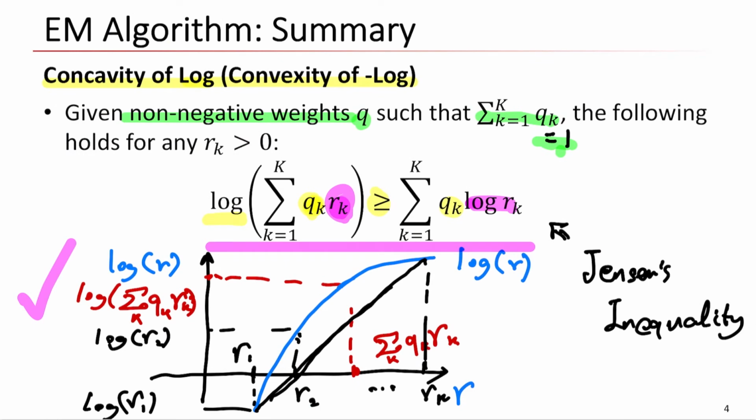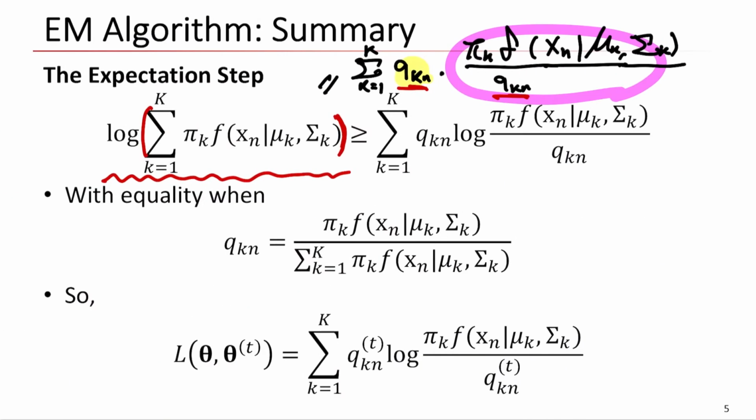Then from this inequality, we will find a new term, something like the summation of QKN log RK, with the lower bound, right?